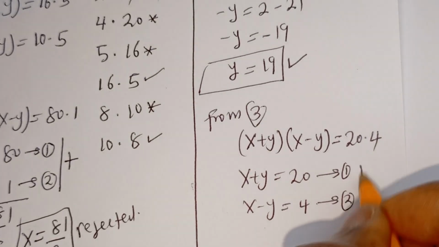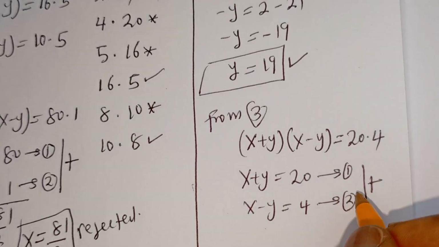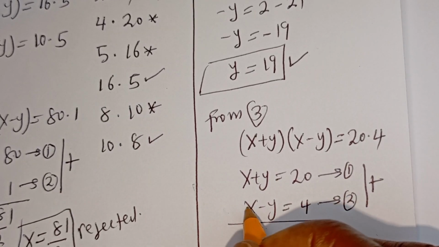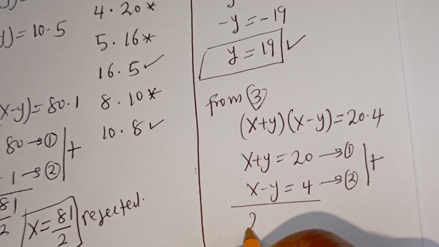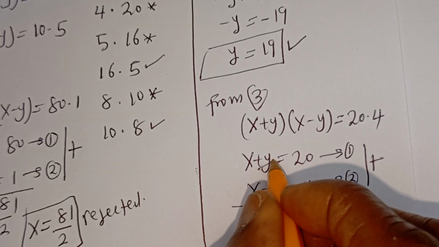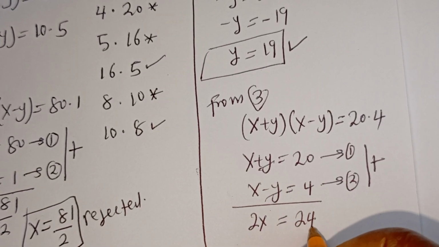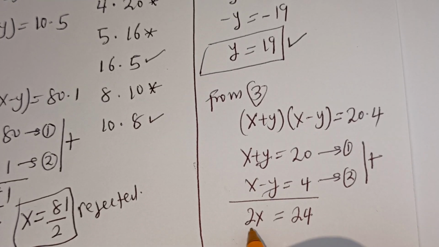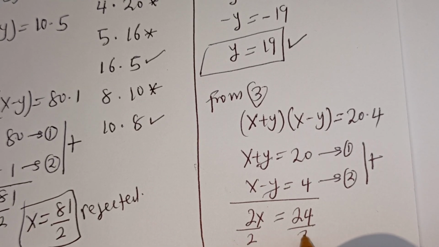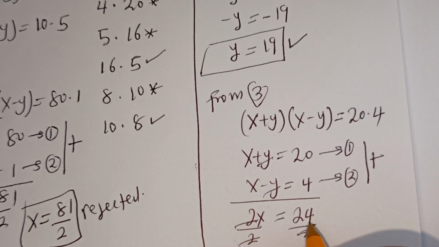Let's solve it using the elimination method by adding the two equations together. s plus s, this is 2s, this will cancel this, is equal to 20 plus 4, that is 24. Now let's divide both sides by 2.